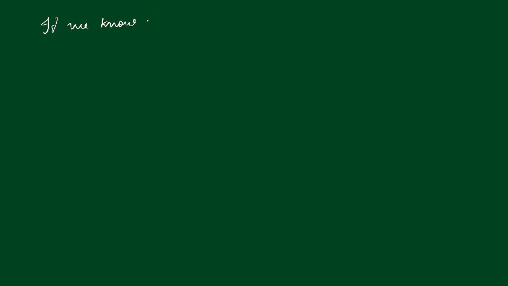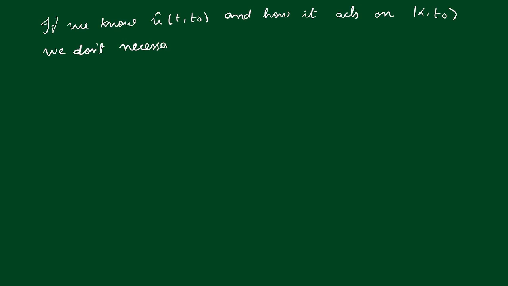Alright, so if we know U(t, t0) and how it acts on the ket, alpha, t0, we don't necessarily need the Schrodinger equation. I call this S, the Schrodinger equation of the ket.